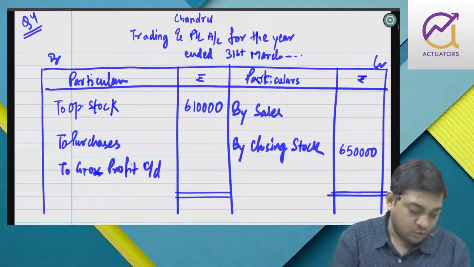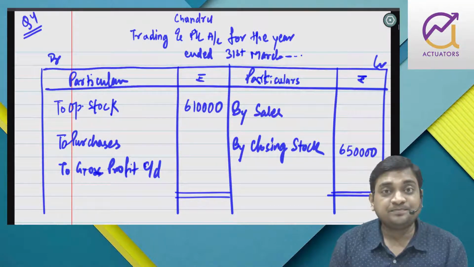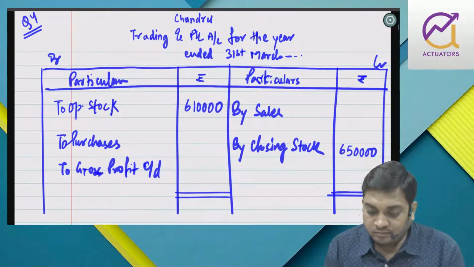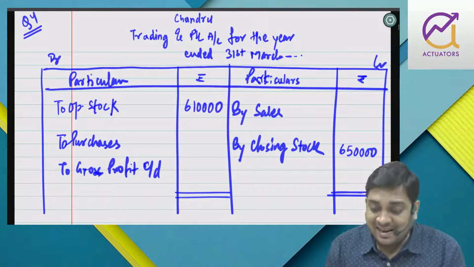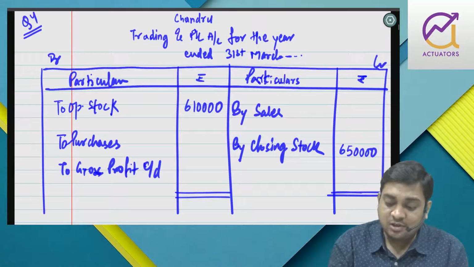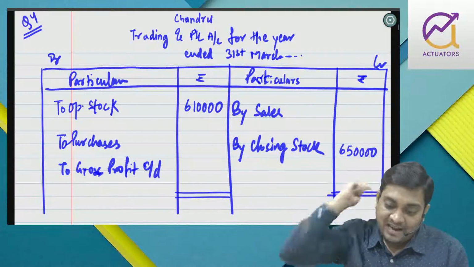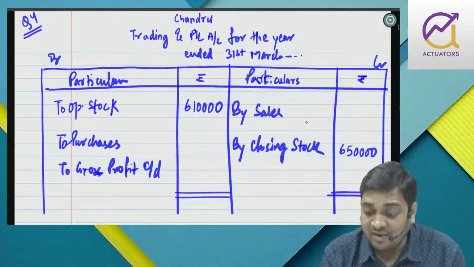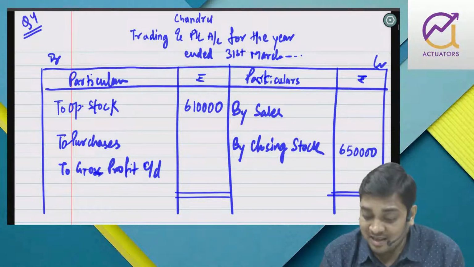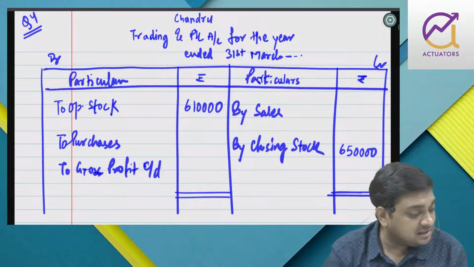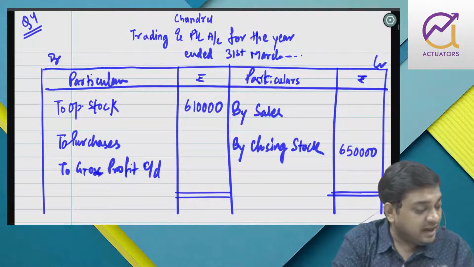Okay. And creditors closing is not given. So anyway, if I can get sales, they have given us gross profit. If I know the sales, I can get gross profit because the percentage of GP is 10%.